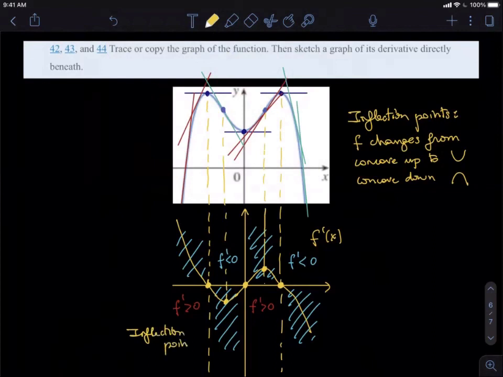Inflection points, and we should label them, so that it's clear where they are. But notice here again, I was saying that here the slope is the negative steepest possible, so that means it's a minimum, and from there it just goes back up. And here is the positive steepest, the largest it can be, so it's a local maximum, and from there it goes back down. So this is the graph of the derivative.